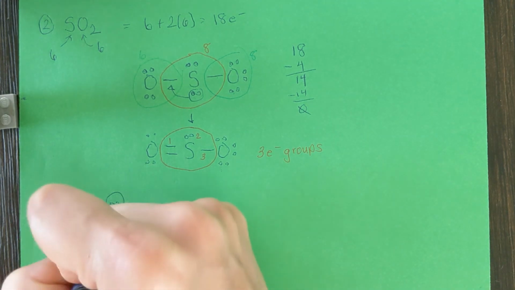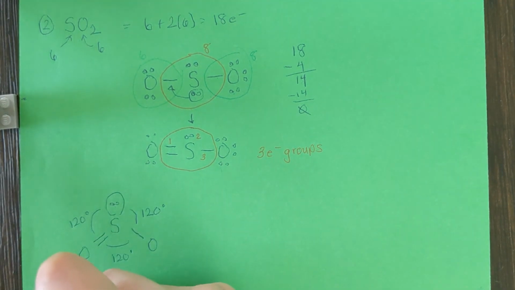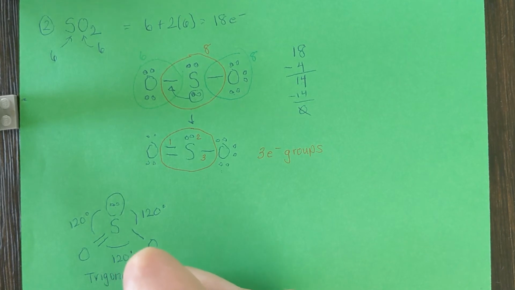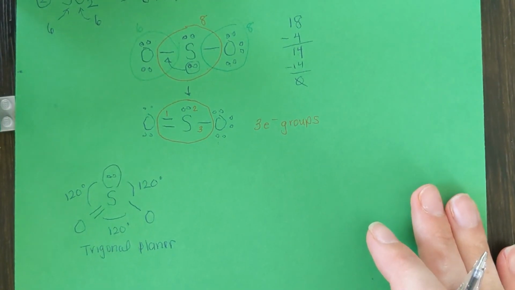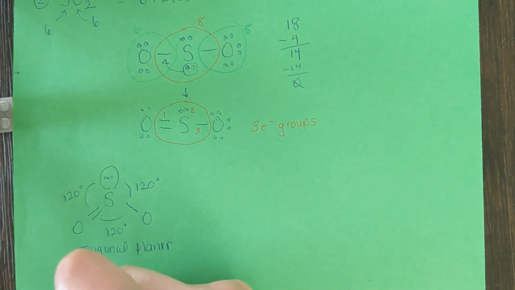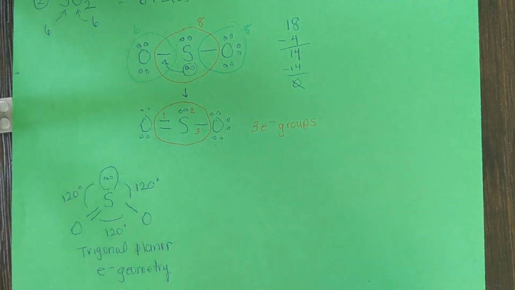So approximately 120 degrees, and this is trigonal planar. So we have a nice trigonal planar geometry here. So this is the electron geometry.